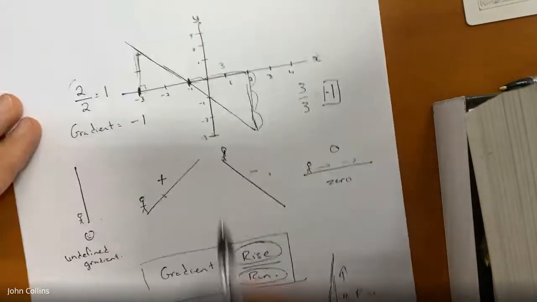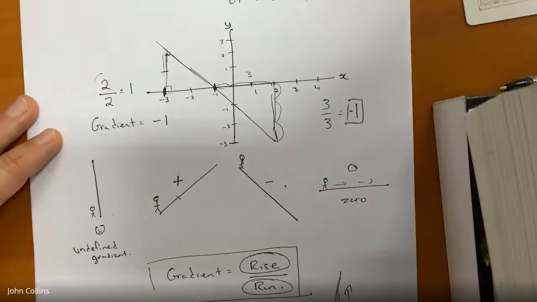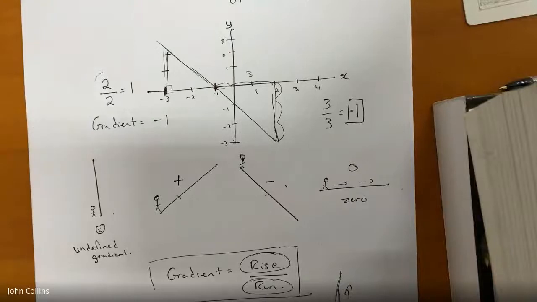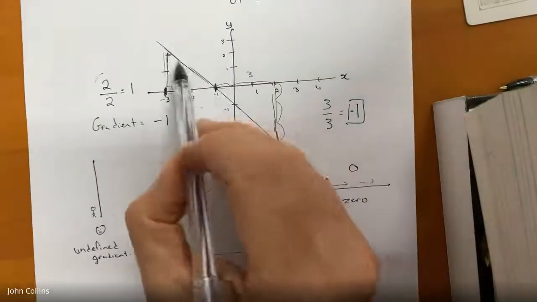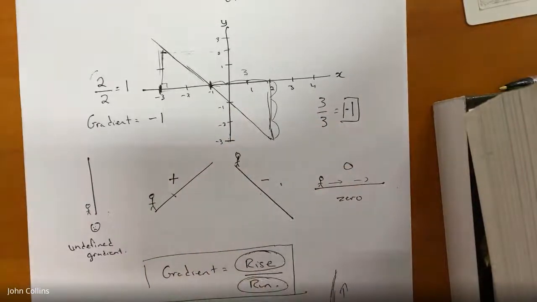So no matter where I draw this triangle, if I drew a large triangle, it would be 6 over 6. If I draw a small triangle, it's going to be 5 over 5 or 1 over 1. It's the ratio of those two because it's just a simplified version of the fraction.